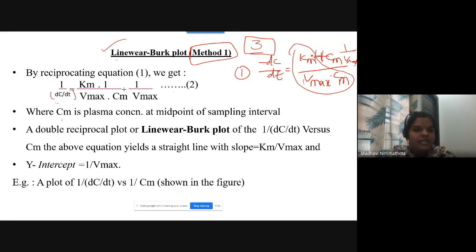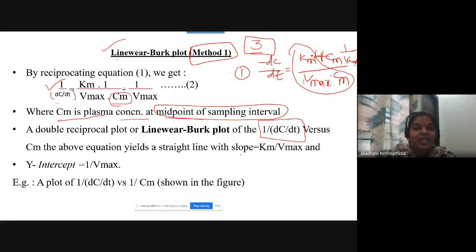Here, Cm is the plasma concentration at the midpoint of the sampling interval, and this is a double reciprocal plot, the linear Burke plot. So you can plot the graph between 1 by dC by dt versus 1 by Cm.